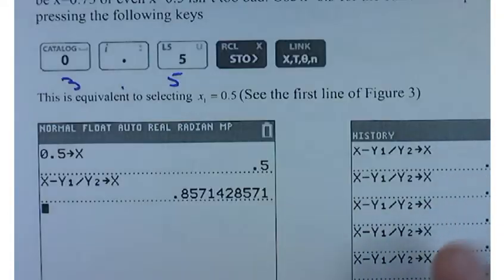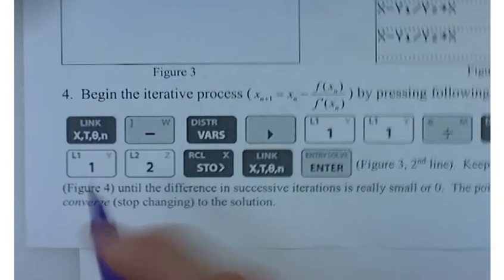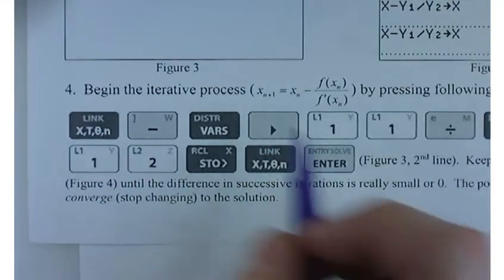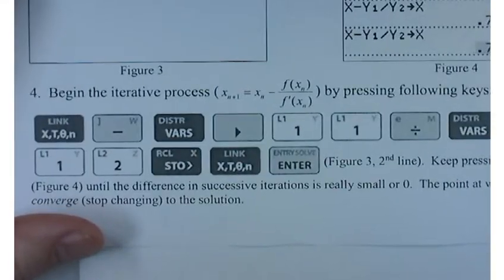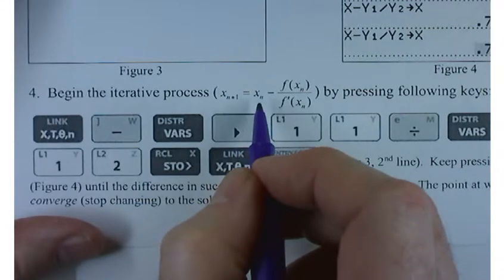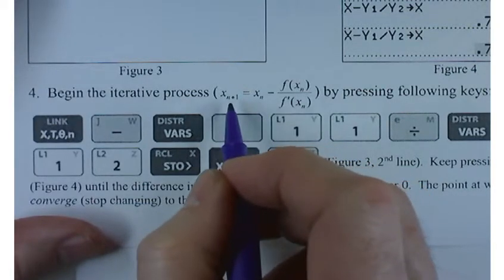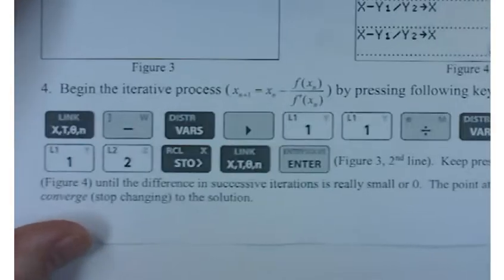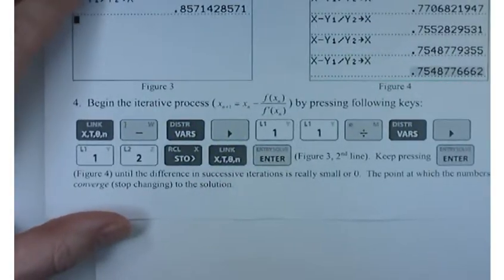Now we want to set up Newton's method. Here's the process, and the way I've notated it down here: here's your current guess, and to get the next guess, you want to do this. And here are all the keys that you have to press to follow along.